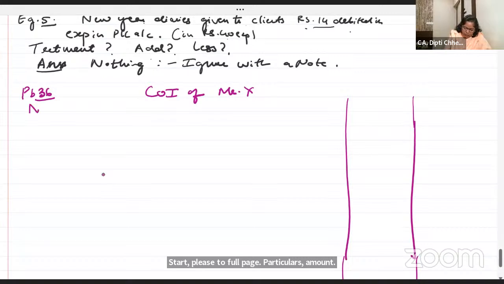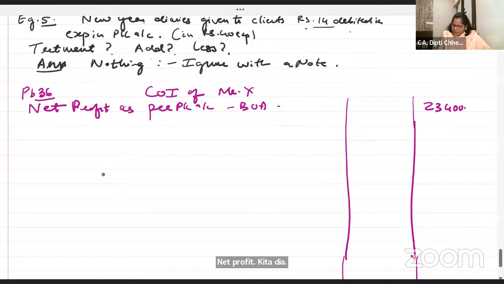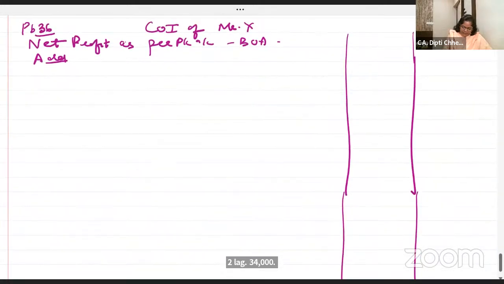Always start with what? Net profit as per the P&L account or the books of accounts. How much net profit is given? 2,34,000. Now add, and after 7 to 8 lines, less.